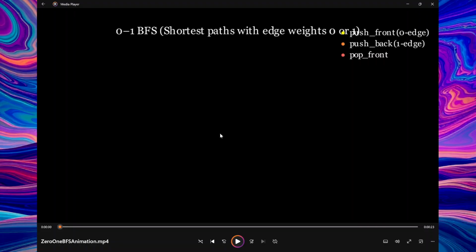But with 0 and 1, we know there's only going to be either 0 weight or 1 weight. So we can apply the same greedy invariant from Dijkstra's, which is basically just, if a weight has 0, explore that weight first. If it has a weight of 1, store it for later until we have no more zeros in our queue, and then we'll unravel all the ones. So let me play the animation, and then we'll talk about it.